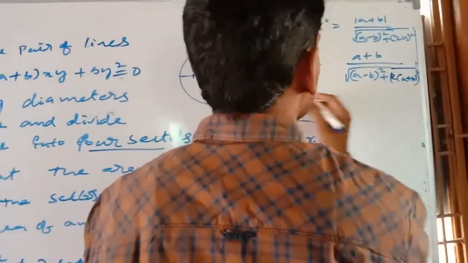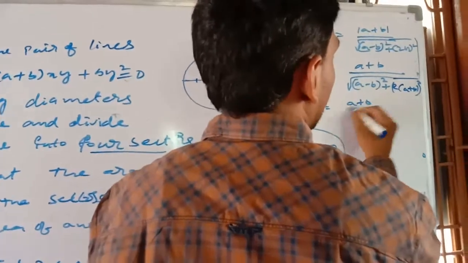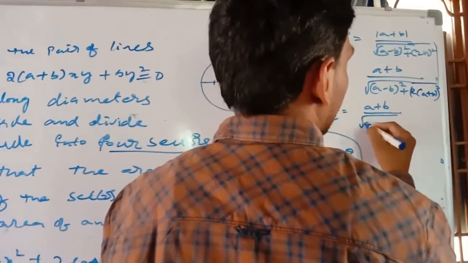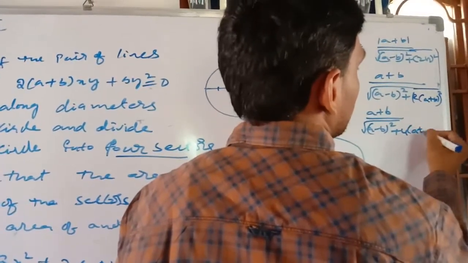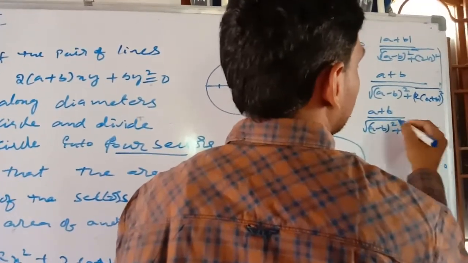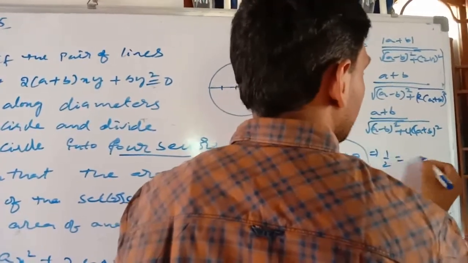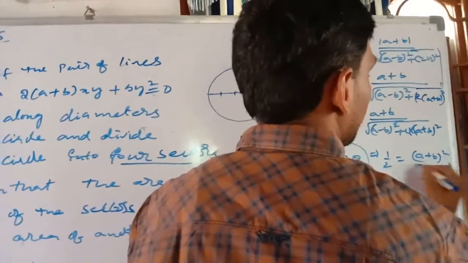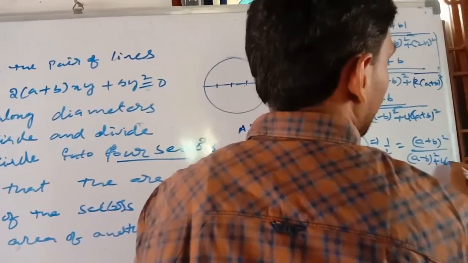Now 1 by root 2 is equal to (a plus b) by root of (a minus b) whole square plus 4 into (a plus b) whole square. Squaring on both sides, that implies 1 by 2 is equal to (a plus b) whole square by (a minus b) whole square plus 4 into (a plus b) whole square.